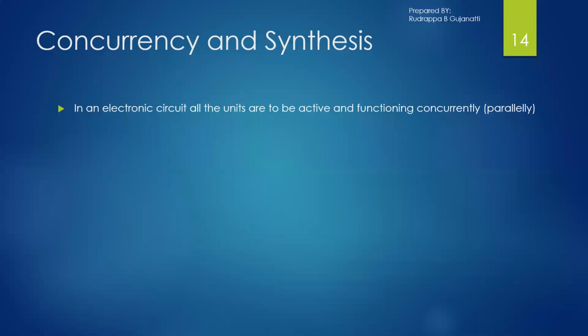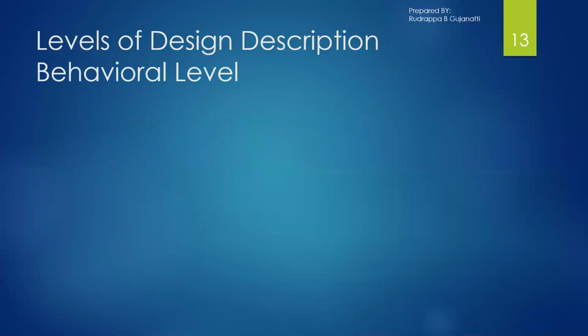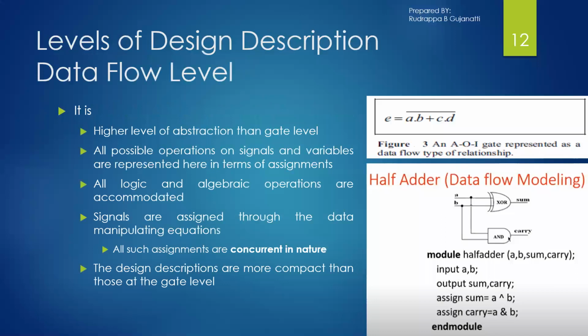Say in an expression I have a variable named a, the input, and a is connected to multiple gates. Whenever I change it, concurrently it gets applied to both.